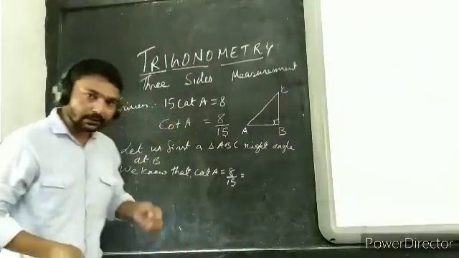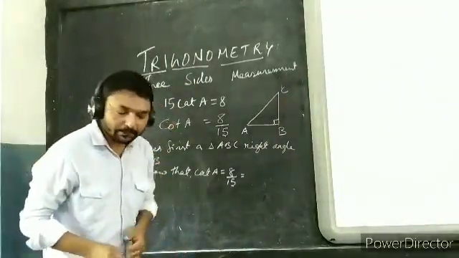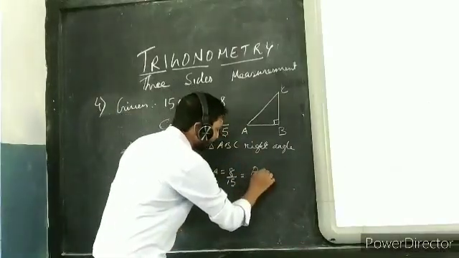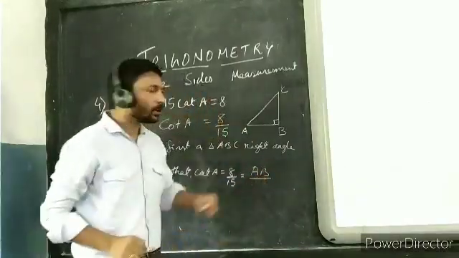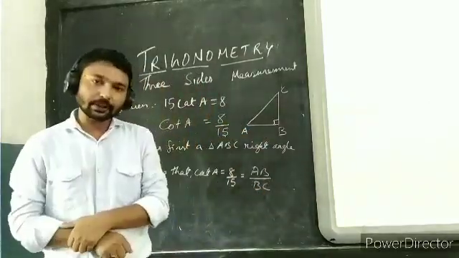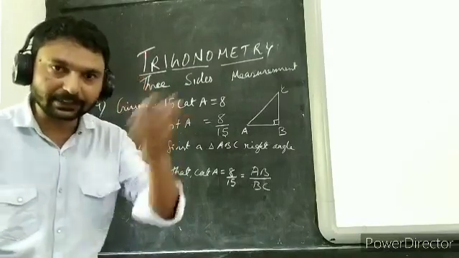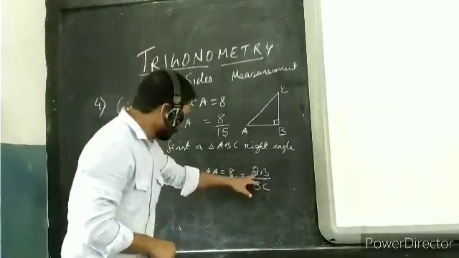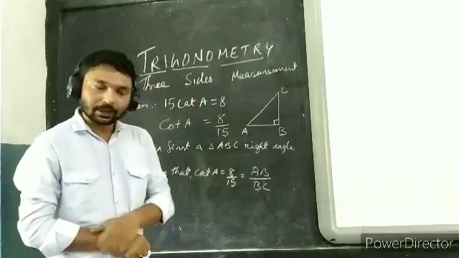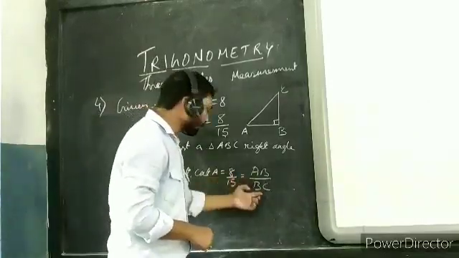I have shown you that tan is perpendicular by base. Now which one is base? Here base is AB and perpendicular is BC. Now by looking at this, all of you can guess one thing. You all have the idea that AB is going to be 8 and BC is going to be 15, and you are going to write AB equal to 8 and BC equal to 15.